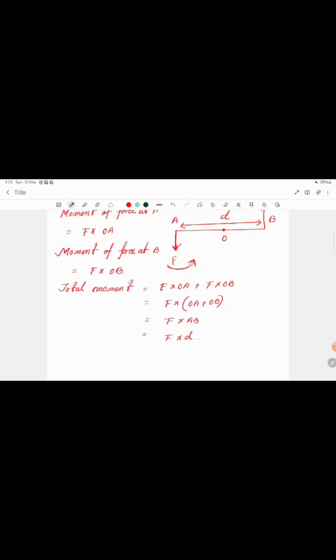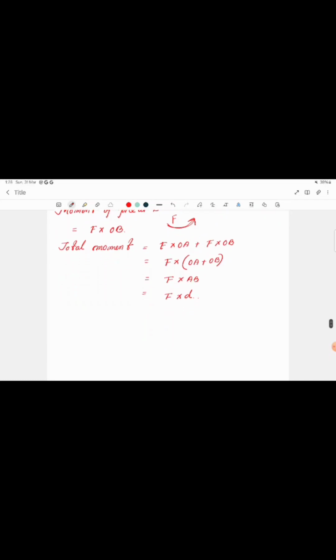Next topic we have is the equilibrium of bodies. Almost the same concept we have to use over here.